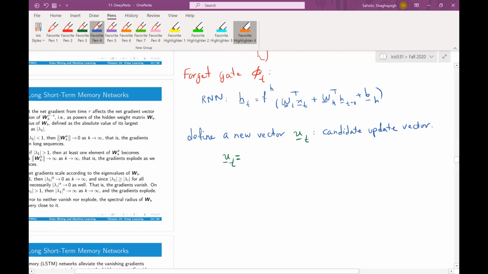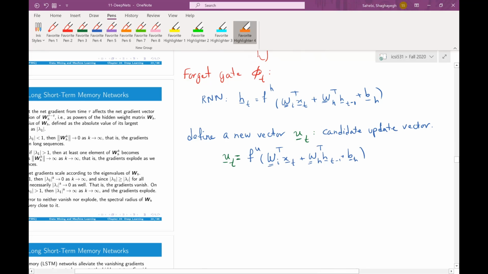The value of u_t is f_u, the activation function for u, of W_I transpose x_t plus W_H transpose h_{t-1} plus b_h.